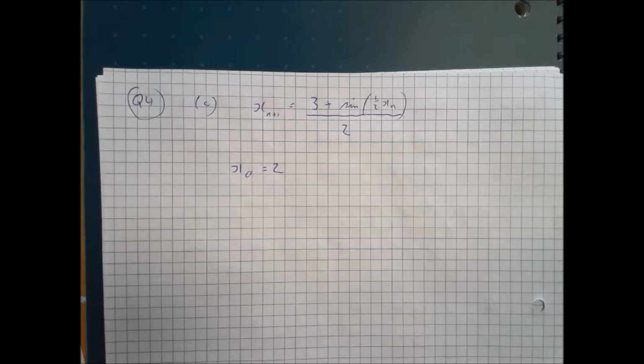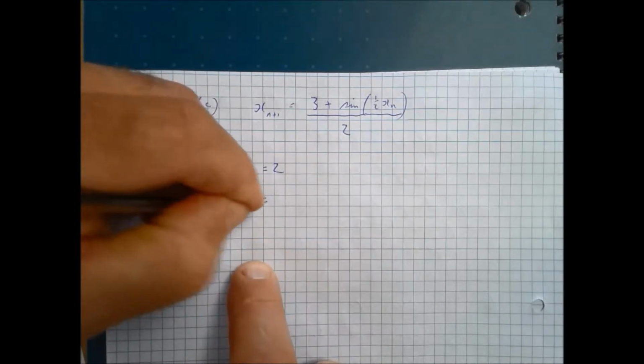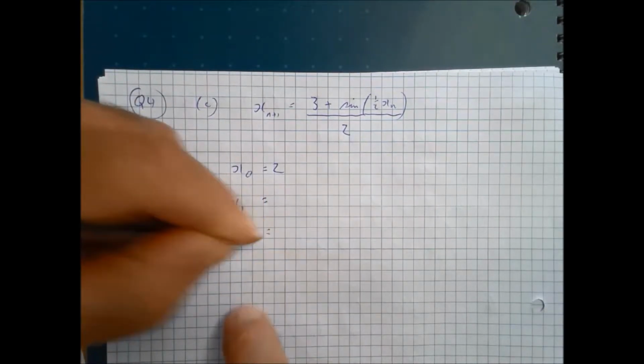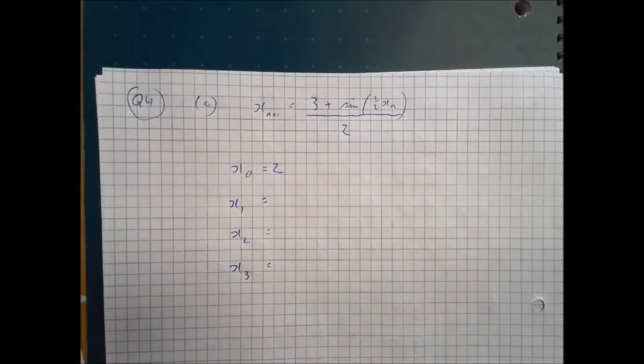Part C is moving on from B. The equation from part B is now going to be used as the iteration formula, as you see here, and we've been given x0 equals 2, and what the question wants us to do is find x1, x2 and x3, and it's wanting them all to 3 decimal places.